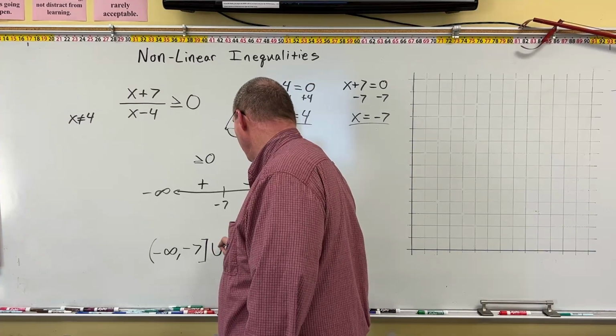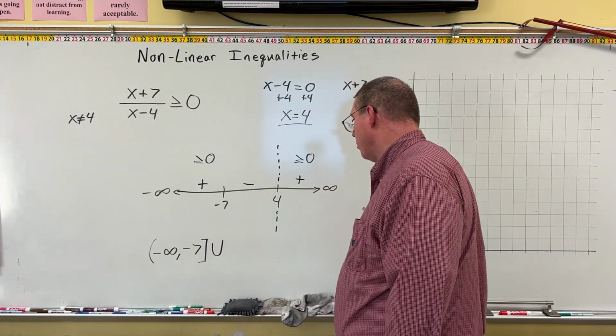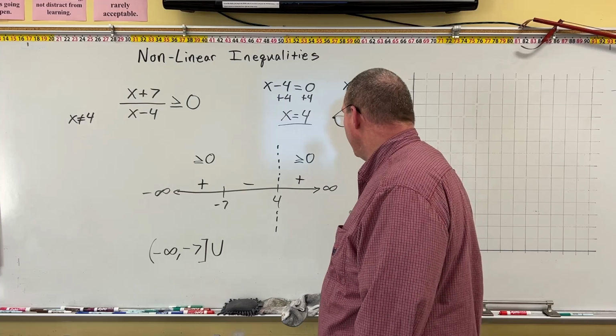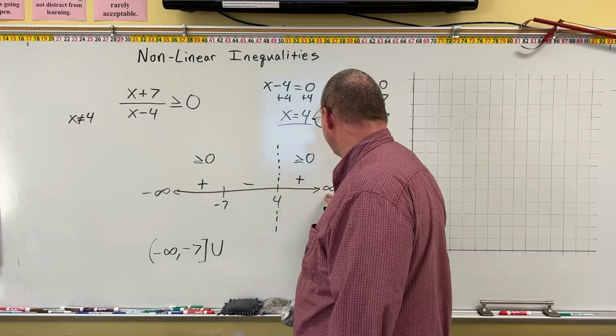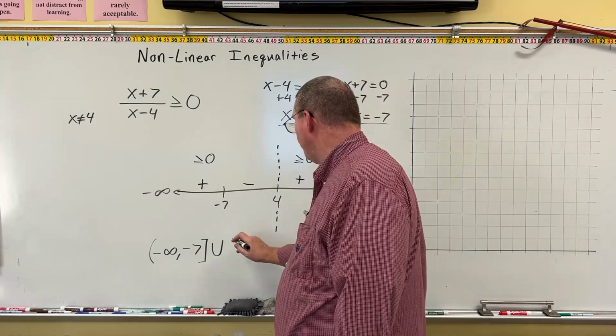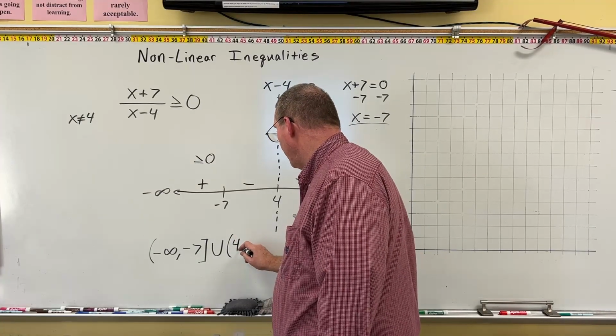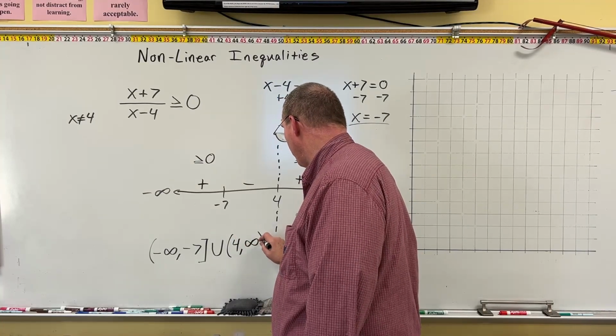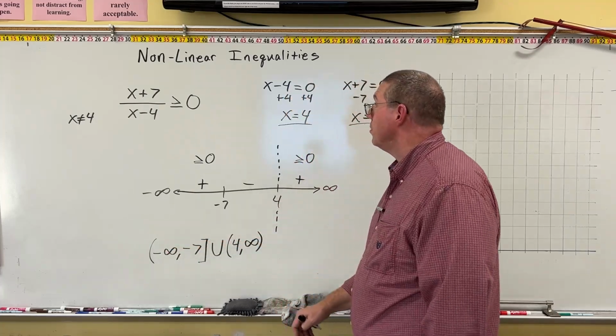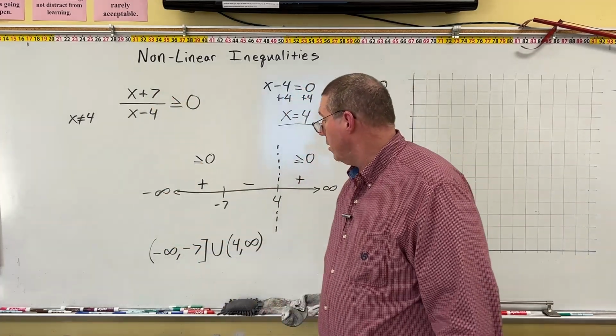Then I'll put a capital U for union, and then here I need to go from 4 up to infinity, but I don't want to include 4. So I'm going to put a parenthesis 4, so that doesn't include 4, comma, up to infinity with a parenthesis, and this is my solution to this inequality.